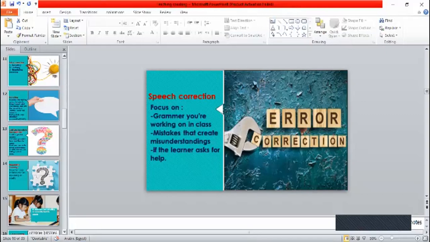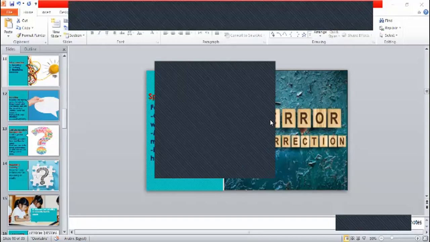In this situation, it's okay to correct the oral or the speech correction. Okay? So if you can share some techniques to correct the mistakes. Imagine now we are speaking and the students make a mistake. Can you tell me how you can correct? Can you share any technique for correction?